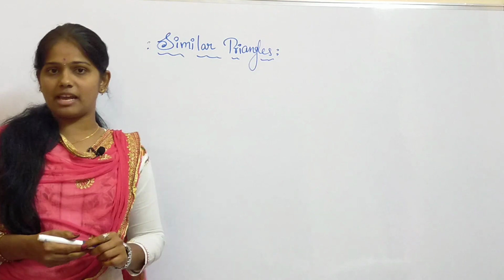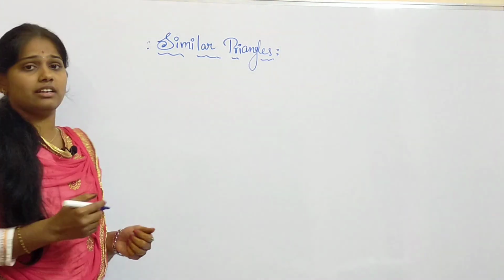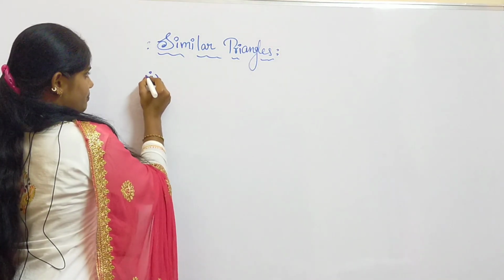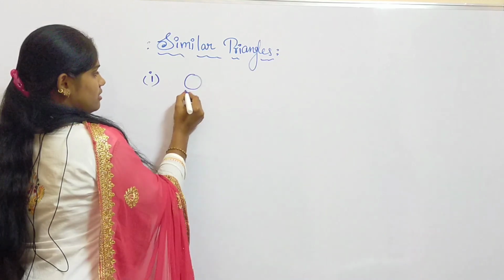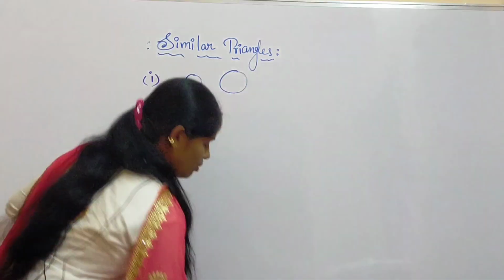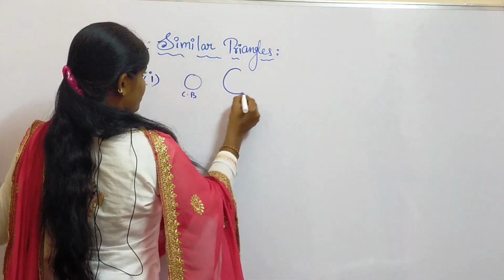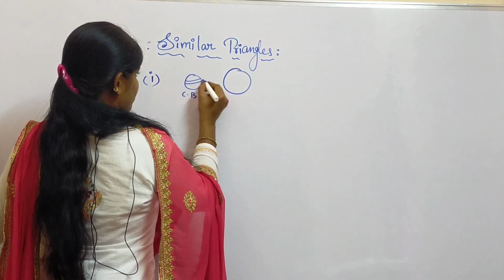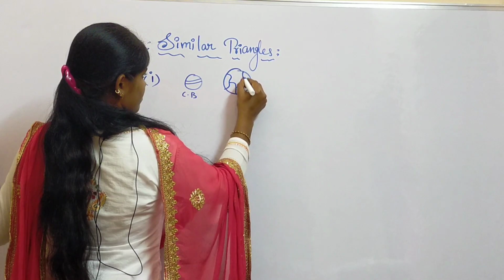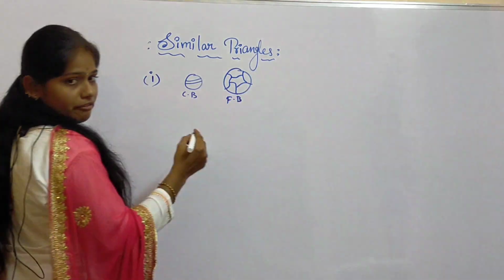So here in our example, let us have three cases. In the first case, let us consider a cricket ball and a football. Just assume it as a cricket ball and a football.